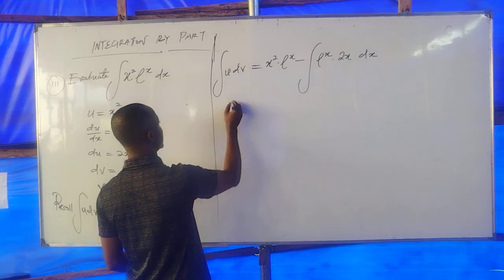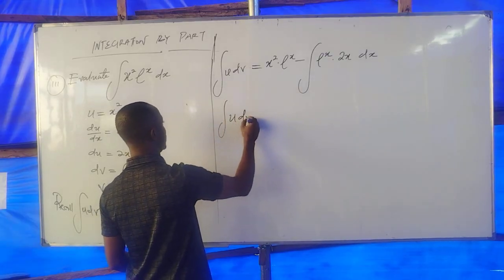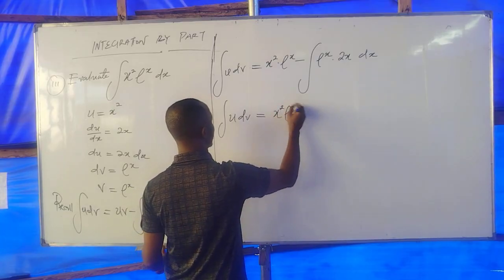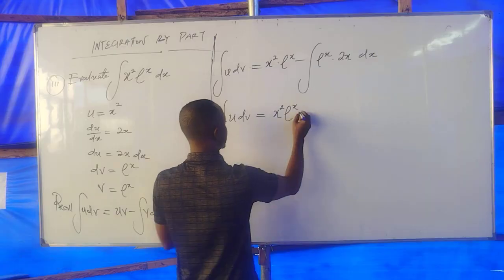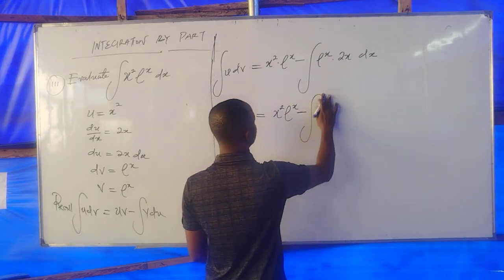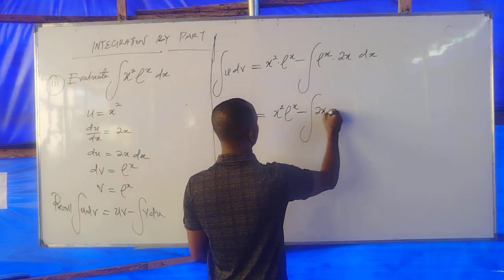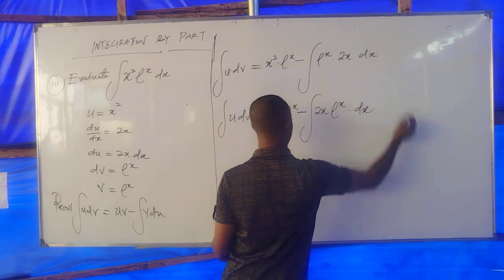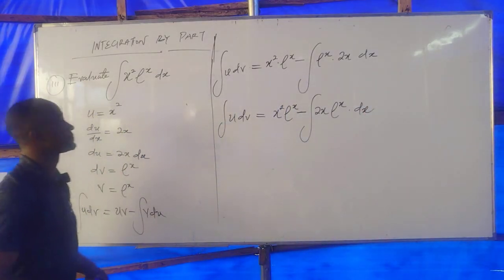So this will give us the integral of u dv equals x squared exponential x minus the integral of 2x exponential x dx. Right?